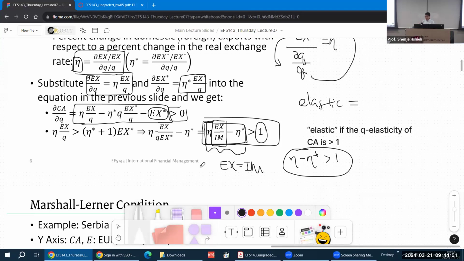That's number 1. Number 2, the fact that we have this ratio suggests that countries with trade surpluses can actually have more pass-through. So it makes sense for developing countries or emerging economies to try to have a net export that's positive, right? That will facilitate pass-through of Q through the current account.